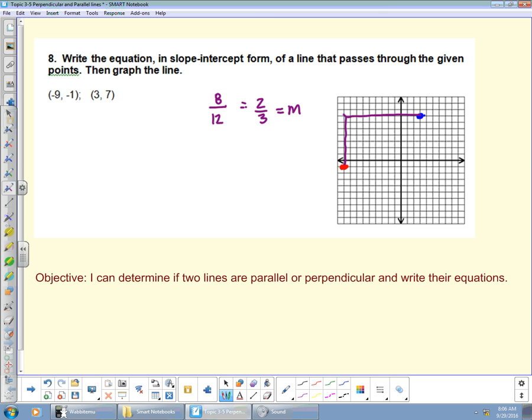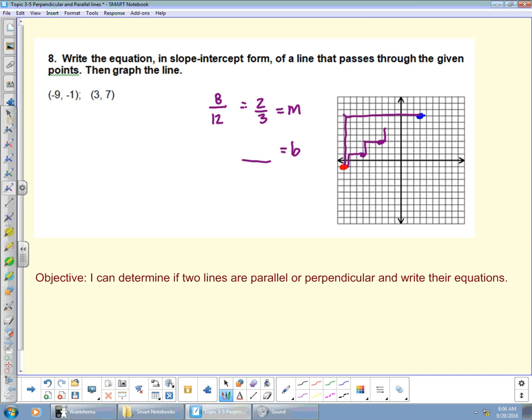So now what I need to do is I need to determine what's the b. What does b equal? Okay, well, I'm going to use the slope. So I'm going to start at the red point, and I'm going to go up 2, right 3, put a point. And then I'm going to do it again. Up 2, right 3, put a point. And then I'm going to do it again.